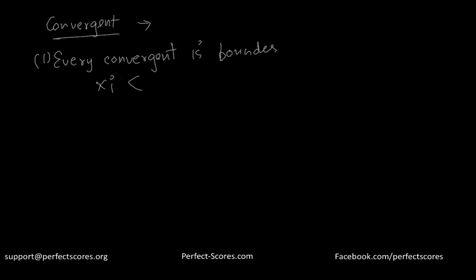First thing, every convergent series is bounded. What do you mean by bounded? I mean to say that all its terms are going to be less than a particular constant. So every convergent series is bounded. That means the absolute value of any xn is going to be less than a constant, right?